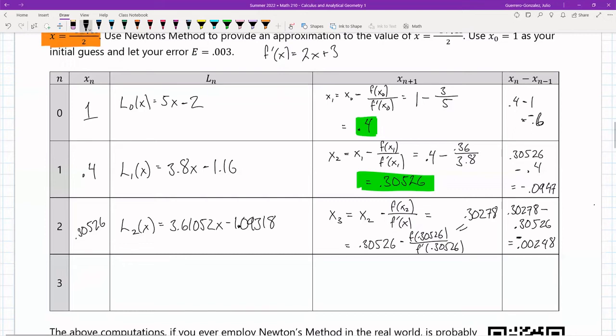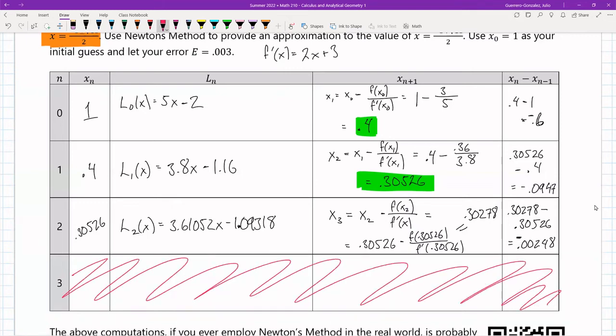And now look at this. We didn't even need the third one. This is now less than our error. Our error was supposed to be 0.003. This is 0.00248. We are done.